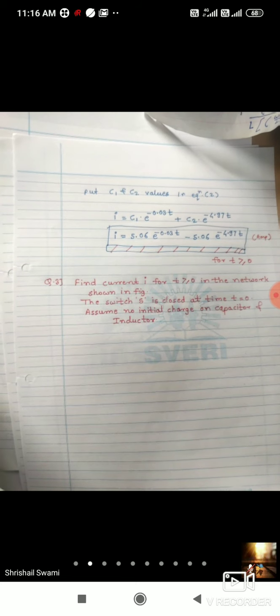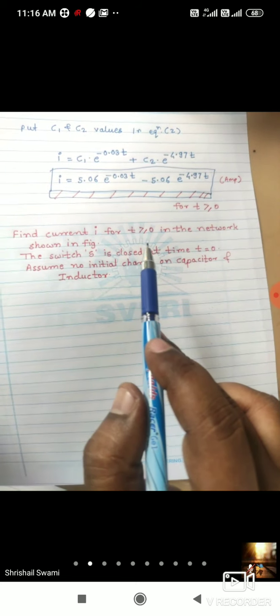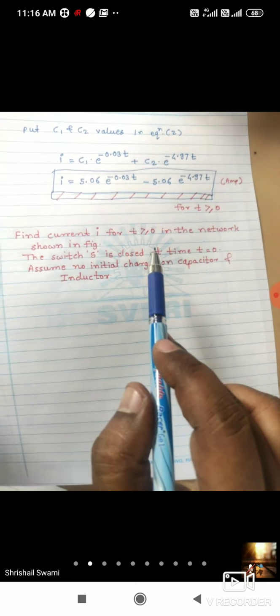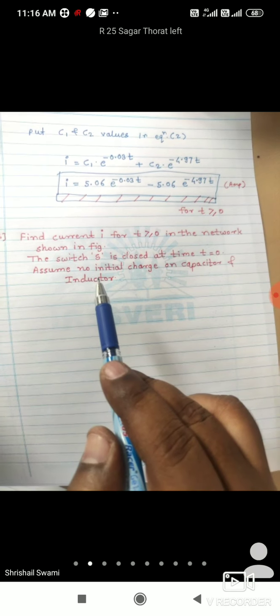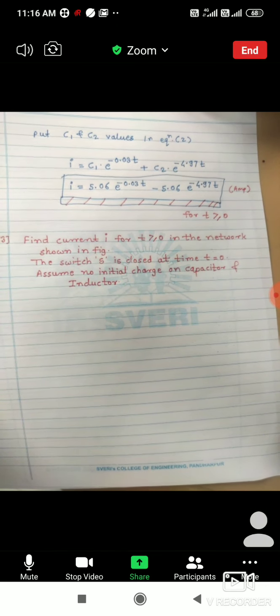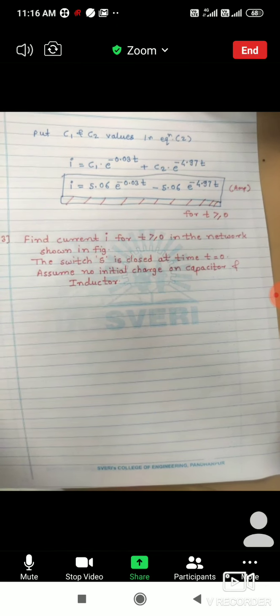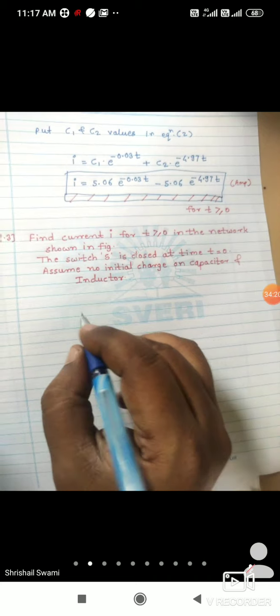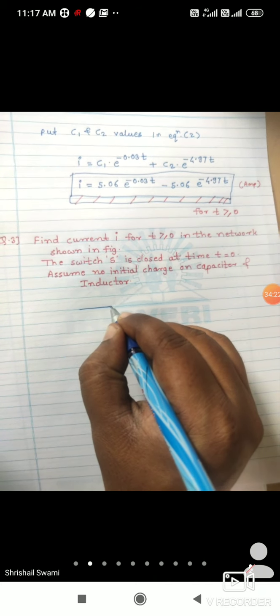So the diagram I will draw. Find current I for t greater than or equal to 0 in the network shown in figure. The switch S is closed at time t equal to 0. Assume no initial charge on capacitor and inductor. The circuit I will draw whatever is given in the question.